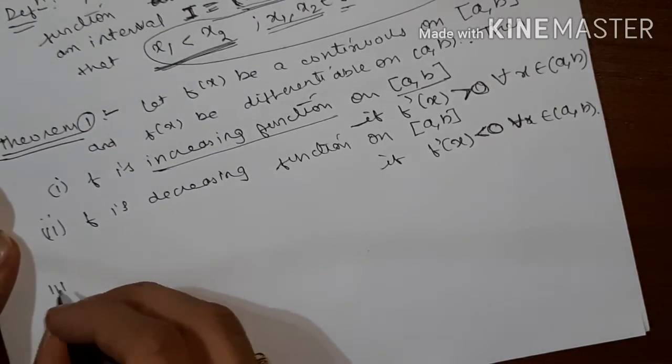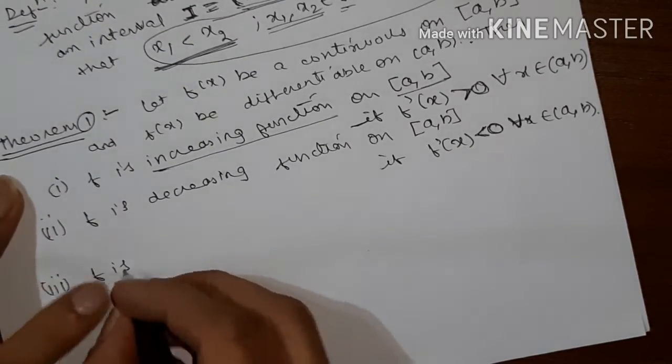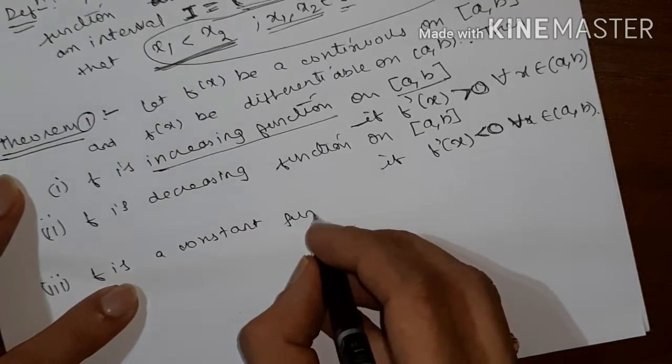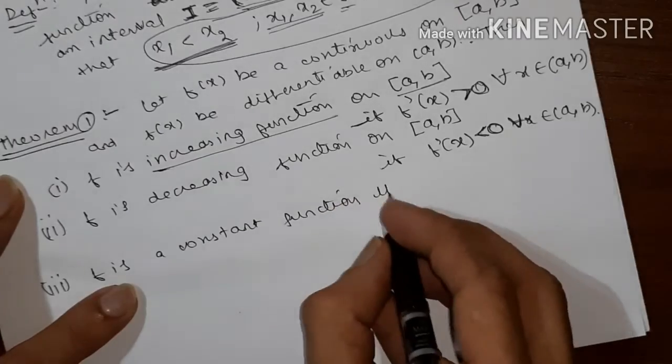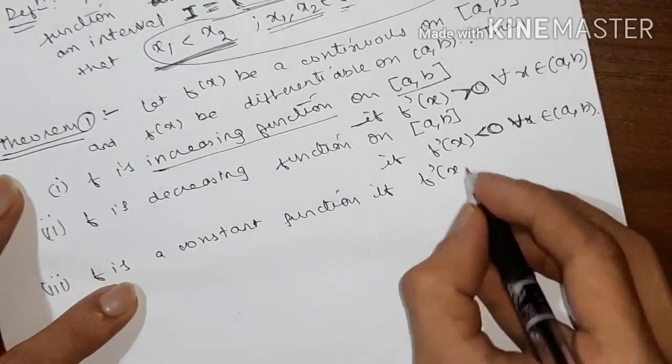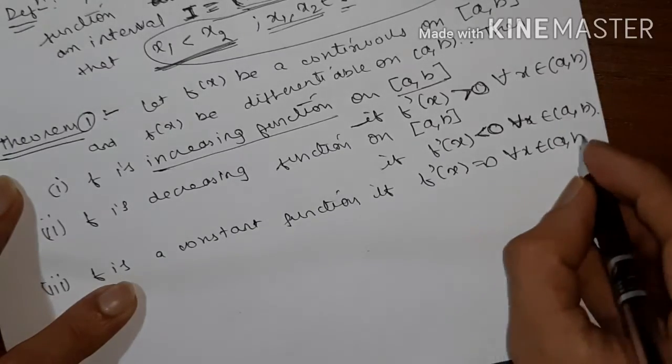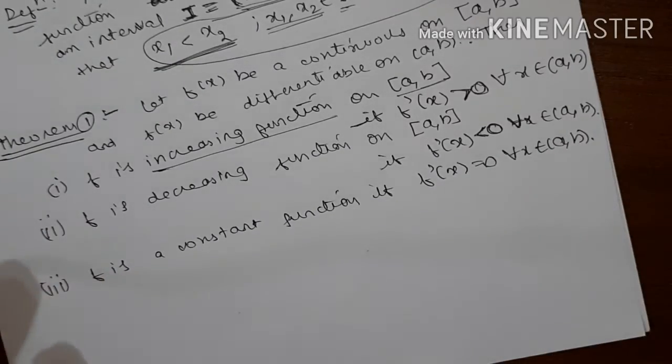Now third, f is a constant function if f prime of x is equal to 0 for all x belonging to the open interval a comma b.